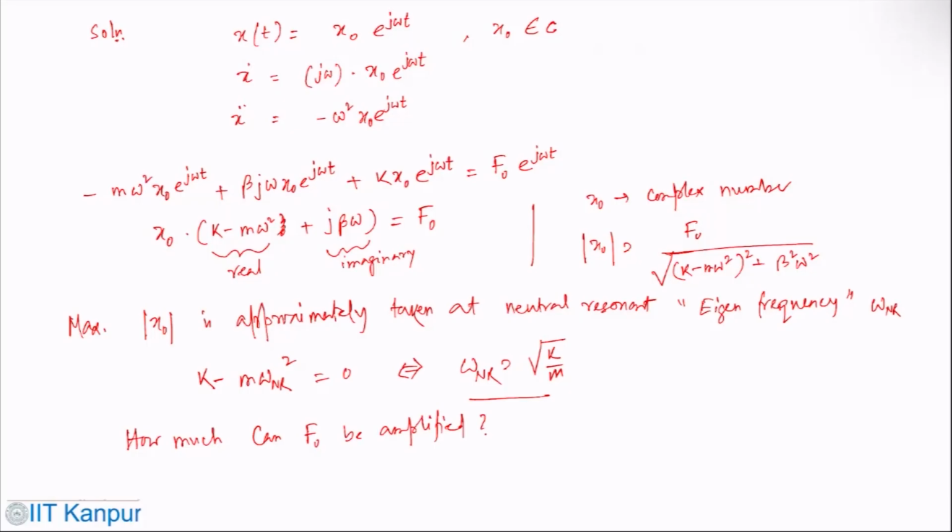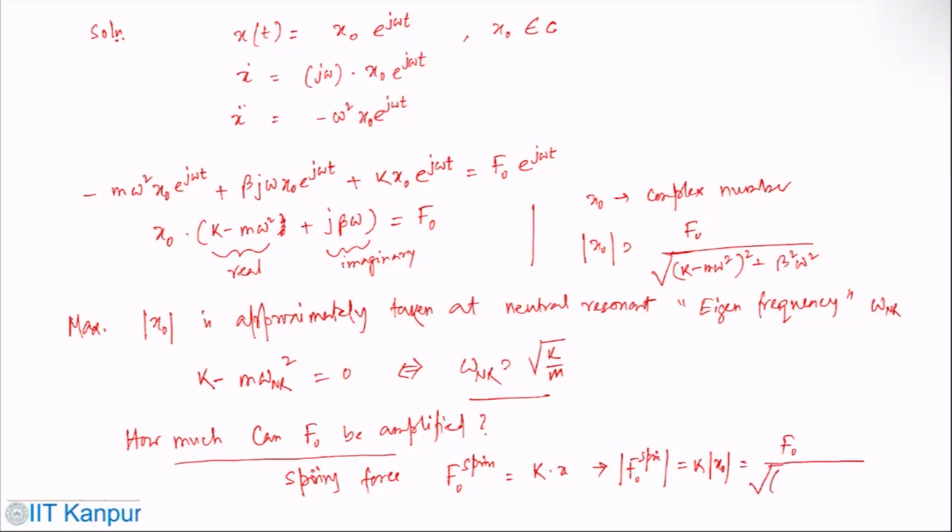So our spring force, F naught spring, is K into X. So we have the magnitude of F naught spring is K times the magnitude of X naught, which is F naught by the root of 1 minus omega by omega n r squared, plus beta square by K square omega square.